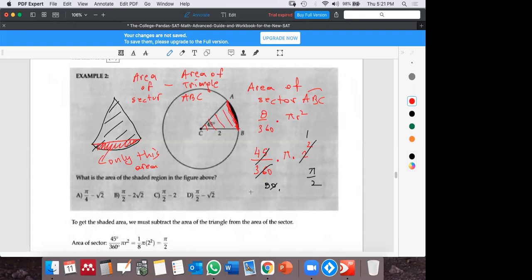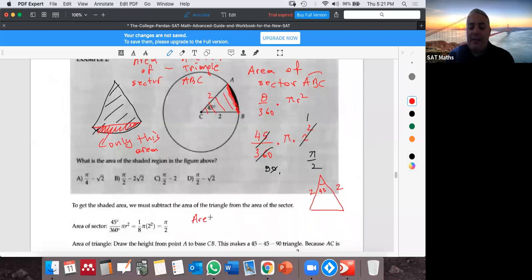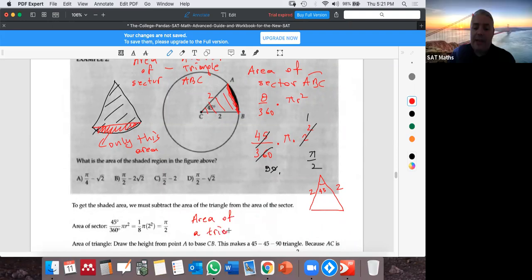Remember, for the pre-calculus final exam, when you were studying, we did one thing. This is 2. It means this is also 2, since they are radii. What is the area of a triangle? When this case is given, it is 1 over 2 times 2 times 2 times sine of 45. I remember this formula. Do you remember?